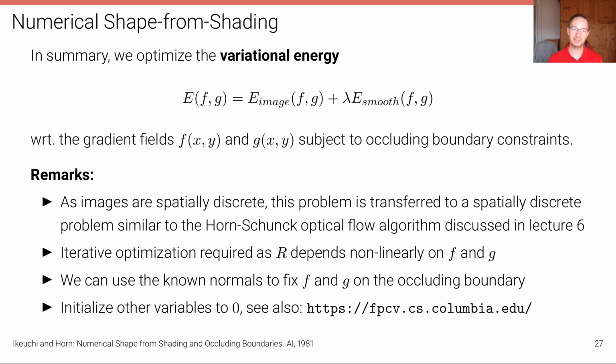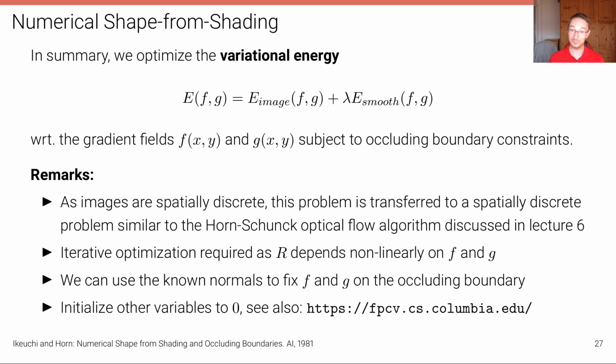As images are spatially discrete, similar to the Horn-Schunck optical flow formulation, this problem is of course in practice, when we implement it on a computer, also transferred to a spatially discrete problem. The way this is transferred is very similar to what we have discussed in lecture 6. So everything becomes just a discrete counterpart of this continuous formulation.